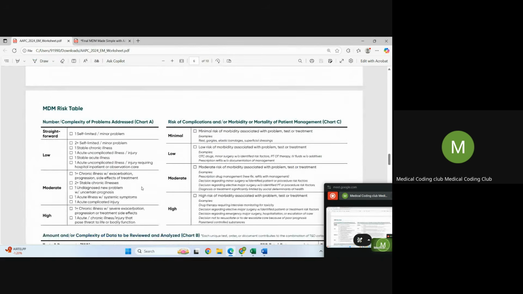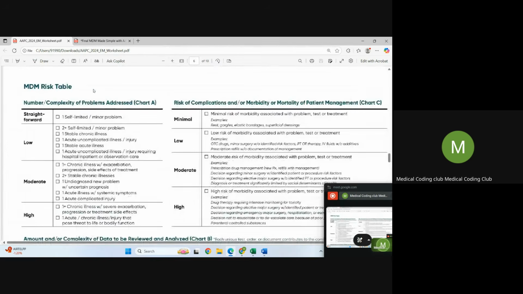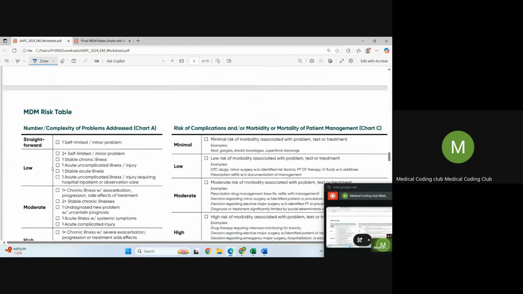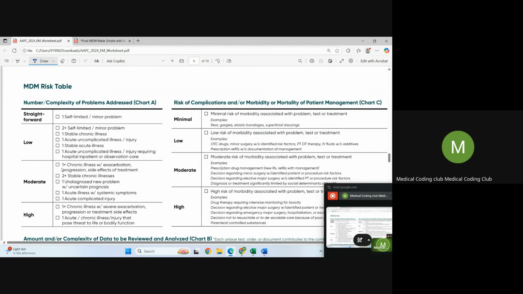So let's go back to our worksheet. You can see here there are differences. 2 plus stable chronic illness falls under moderate level, and 1 plus chronic illness with exacerbation or progression also falls under moderate.